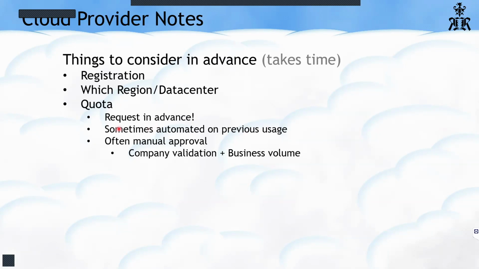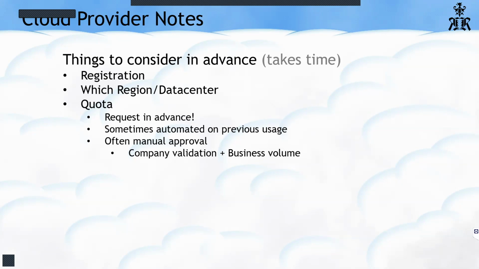Sometimes the quota is approved based on your previous usage. That's for Google. So if you have used 10 VMs in the past, then you can automatically increase to 20. If you are new to the cloud, then there's usually a manual approval.